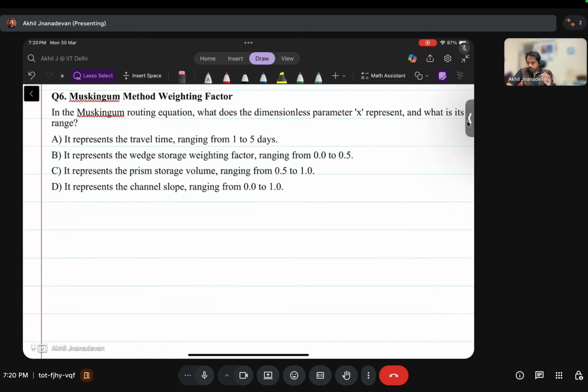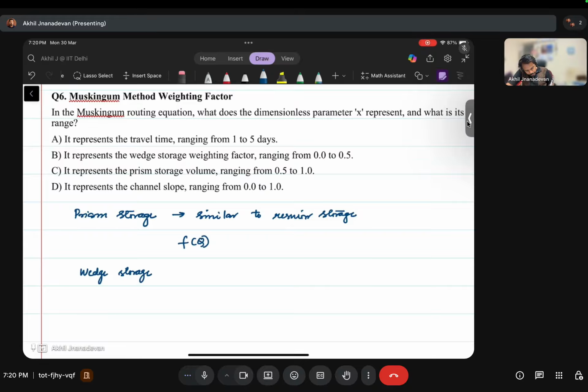So for the prism storage, we know that the surface is flat. So it can be routed similar to a reservoir storage. Storage is a function of Q. Whereas the wedge storage is a function of inflow.